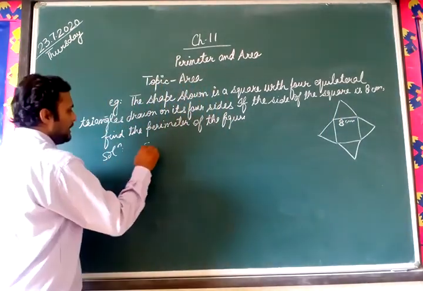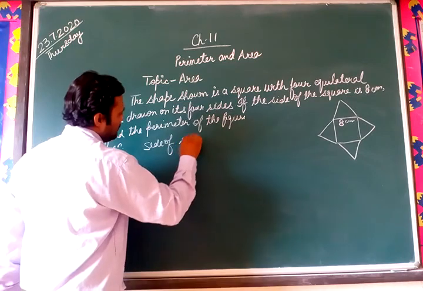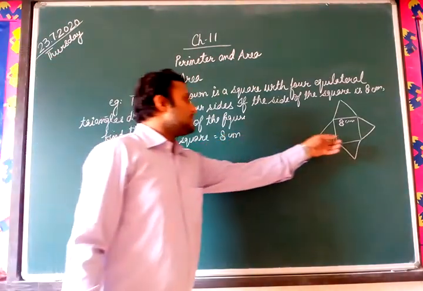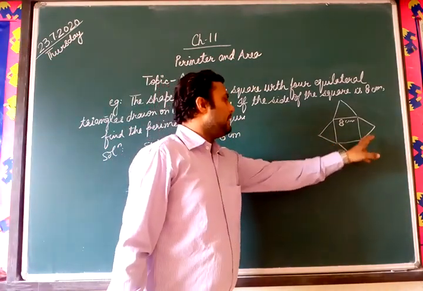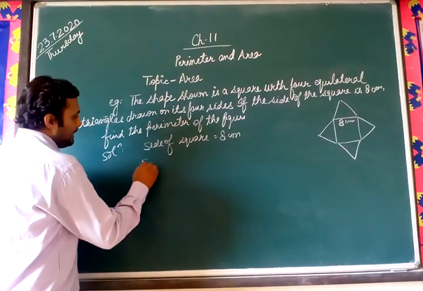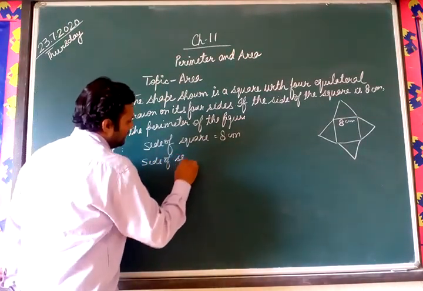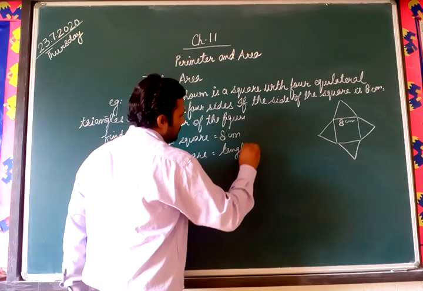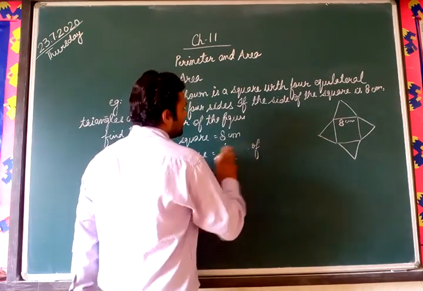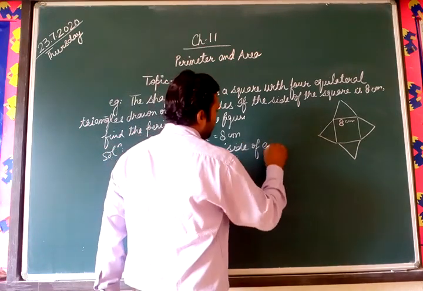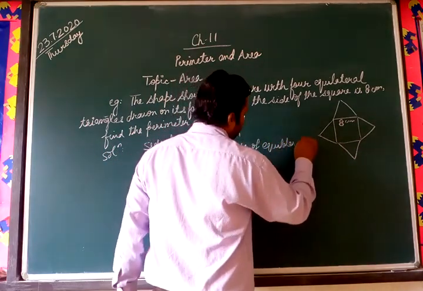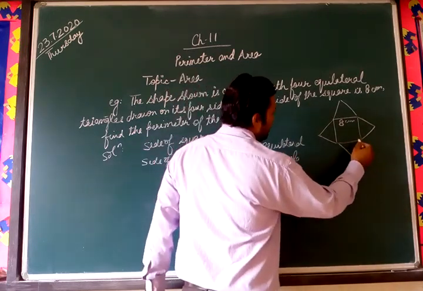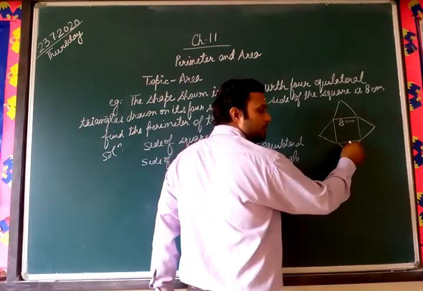So, the side of the square is 8 cm. Since these are equilateral triangles, we can say that the side of the square is equal to the side of the equilateral triangle, because this side is of the square and this same side is of the equilateral triangle.